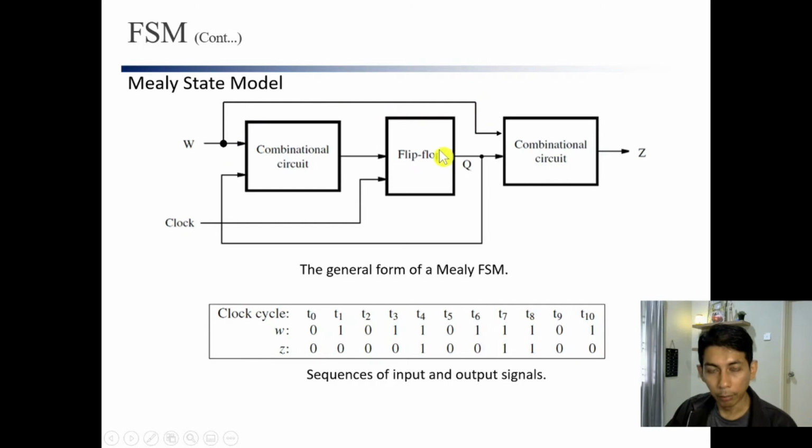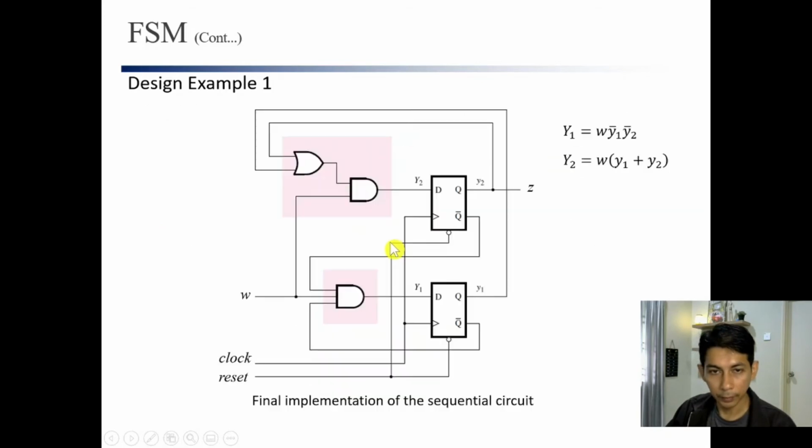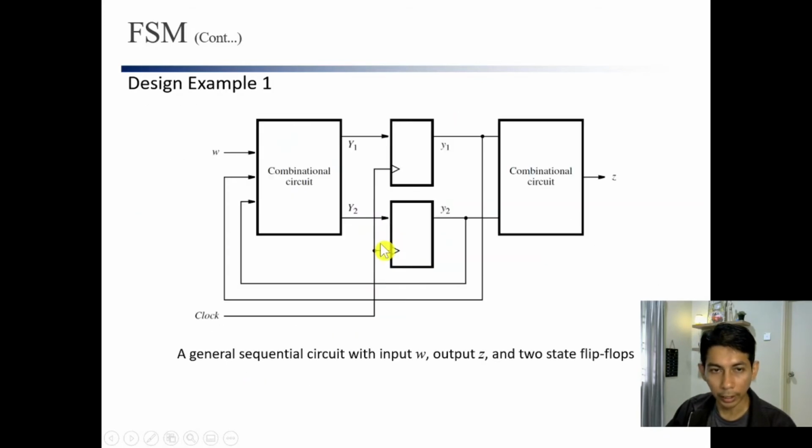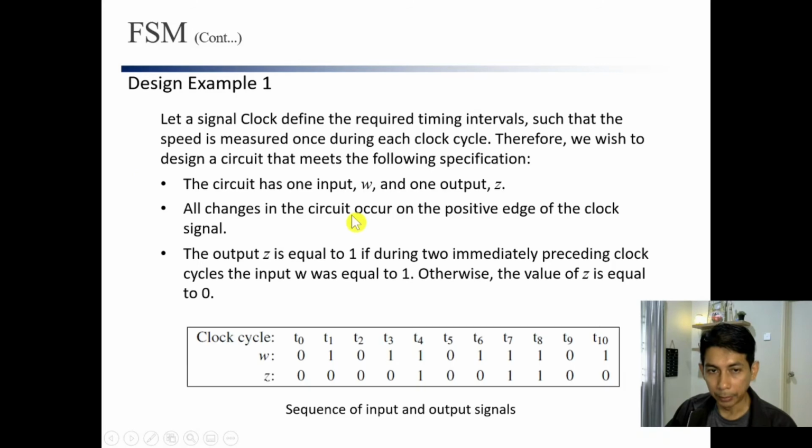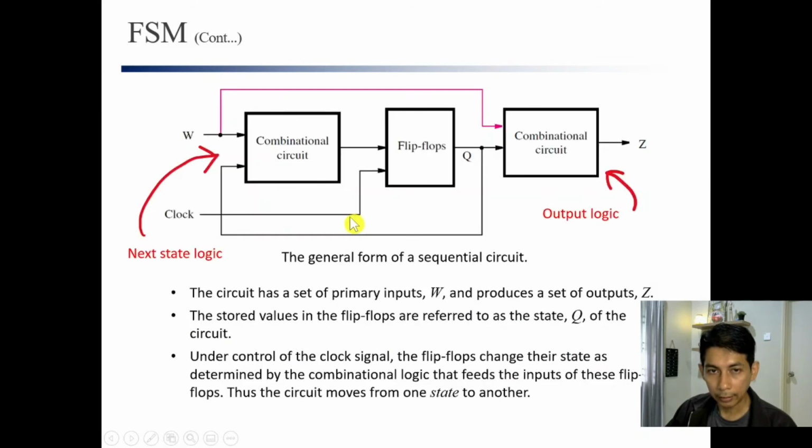For the Moore type, you don't have this line. Z will only depend on the output of the flip-flop. But for Mealy, Z depends not only on this but also on this. That is the difference. Let's go back to look at the Mealy. Do we have that? No.